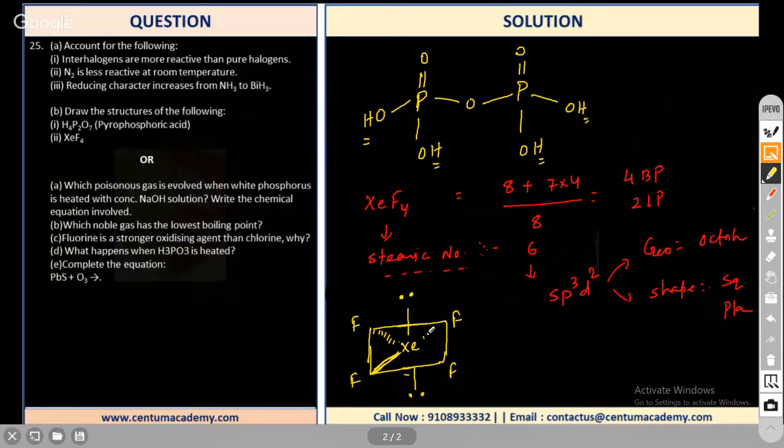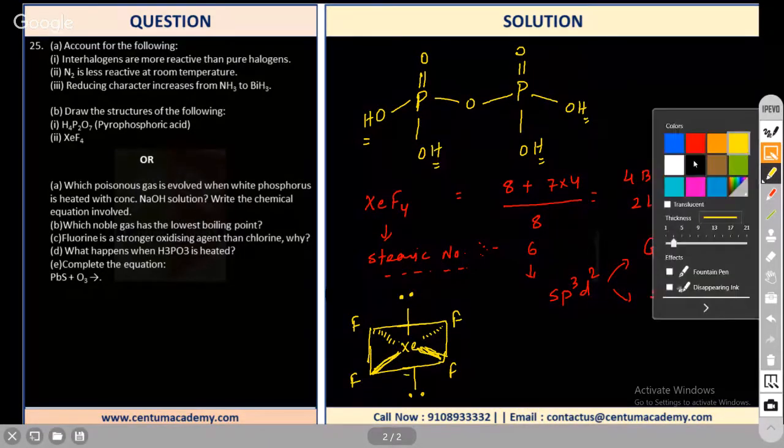Similarly we have one here also into the plane, and one out of the plane. This is the structure. The two lone pairs will be at these positions so that the distance is maximum and the repulsion is less. What is this angle? Can you tell me? What is this angle? And what is this angle? This bond I'm talking about. What is this angle?